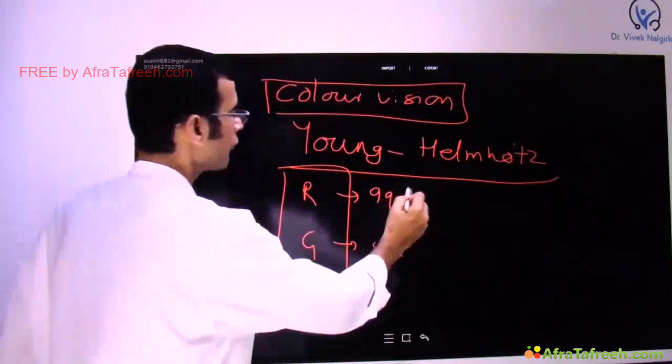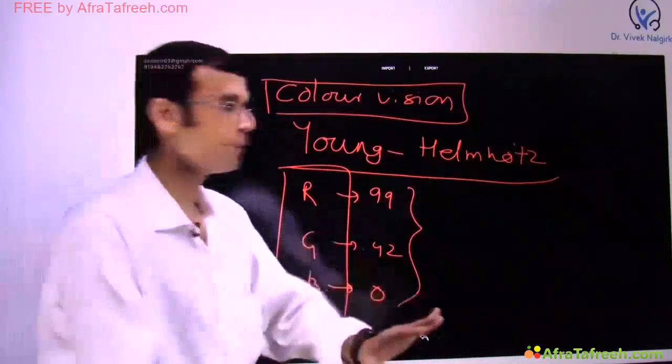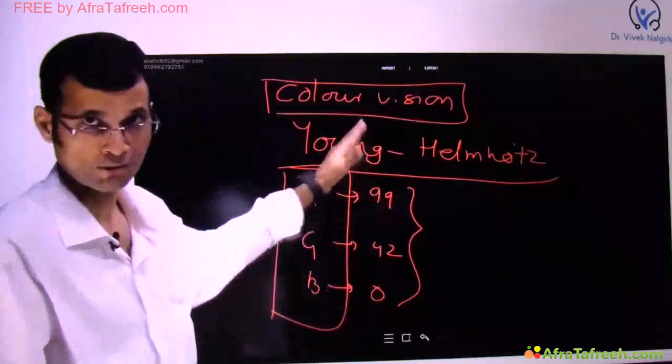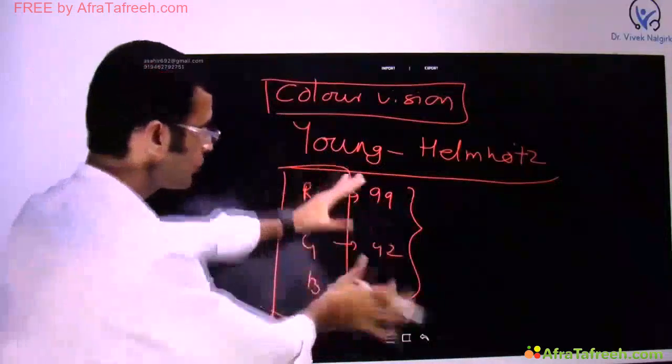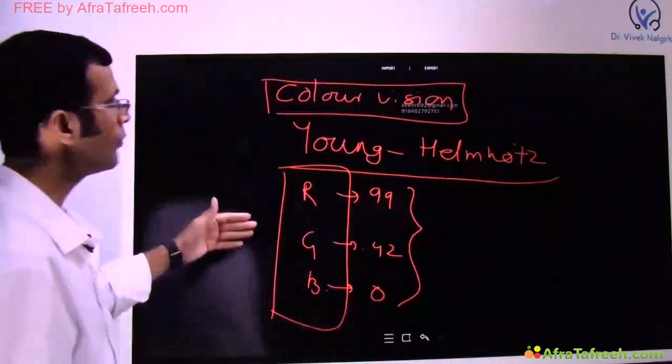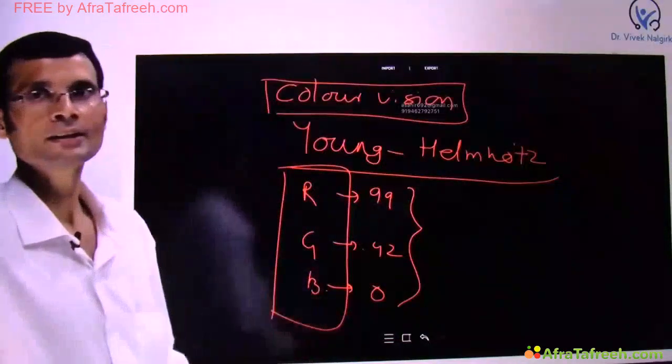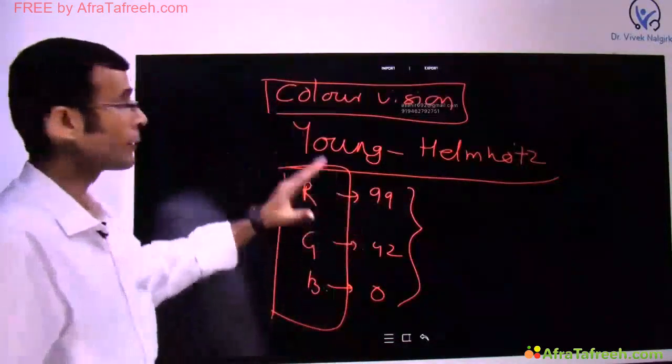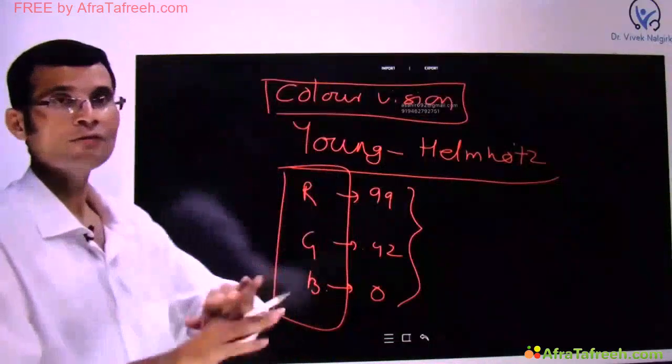So 99, 42, 0, this stimulation of these 3 cones, this combination is perceived as the orange monochromatic light. So this is how we perceive color, by stimulation of different cones differently.